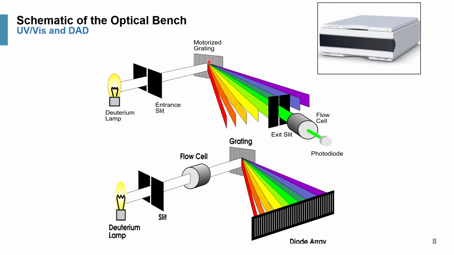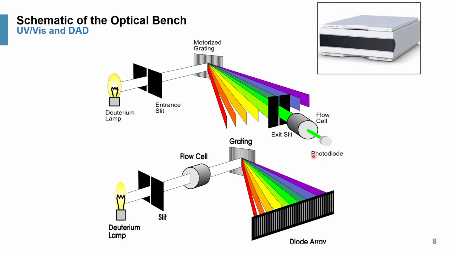And by turning the mirror, the grating, one can select a specific wavelength. Typically, the spectral bandwidth is about 5 nanometers, so you don't really select a single wavelength. And here's the flow cell. And at the end is a photodiode, which is a large photodiode emitting electrons from light intensity.